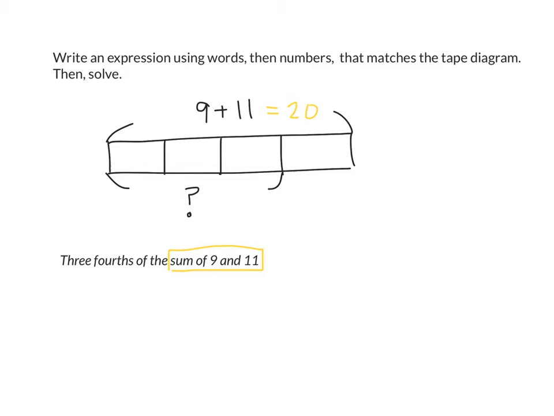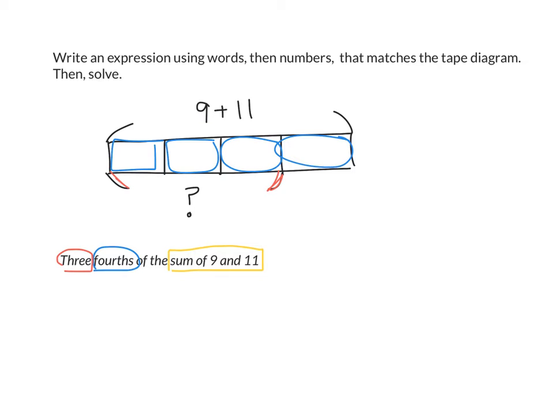Do you see how what's given to us isn't 20, but what's given to us is the sum of 9 plus 11, right? The sum of 9 and 11 has been divided into how many equal units? 4 units, right? Which is why our unit size is fourths. Each of these is a fourth. Here's 1/4, 2/4, 3/4, and 4/4. And the brackets tell us that I'm looking for how many of those fourths?